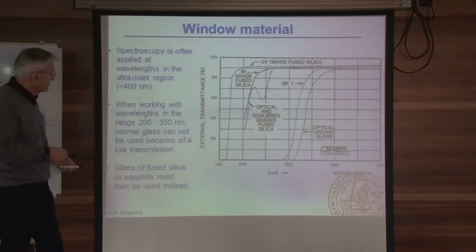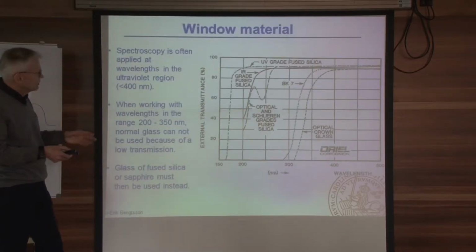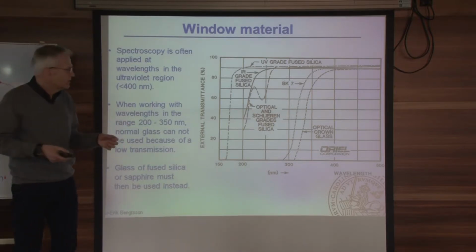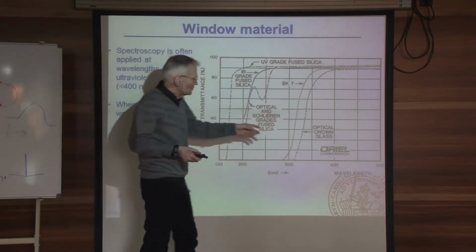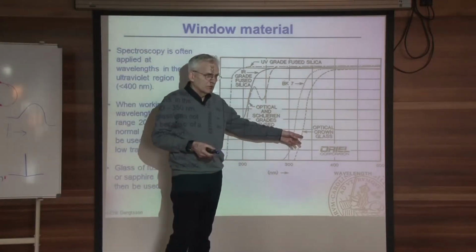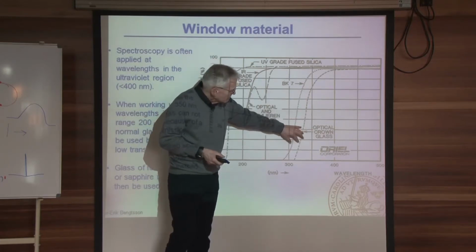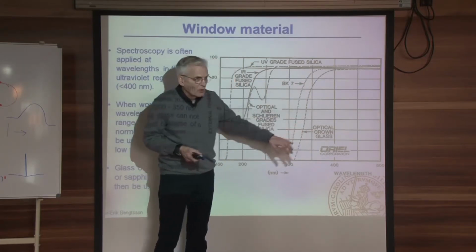It looks like that. Then, of course, you have to be careful with window materials. If you want to do experiments in an optical engine, in a gas turbine, you can't use ordinary glass because that won't transmit. So you have to look for what is the transmission characteristics of the material.